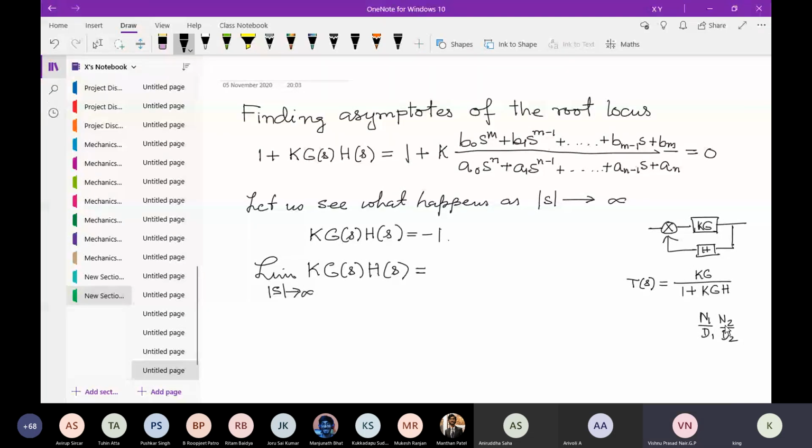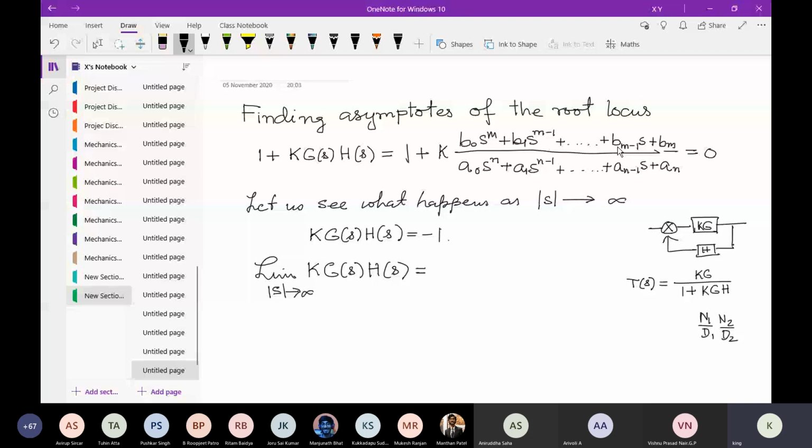Ultimately, you are going to deal with D1 D2 plus N1 N2. I think in the numerator of T, there's a KGH, right? Because it's like KN(s) by D(s) divided by 1 plus KN(s) by D(s). That's how it comes, right? Yeah, but ultimately you can express it in this polynomial form, whatever you get. If you look back, this is what we are getting as a characteristic equation.